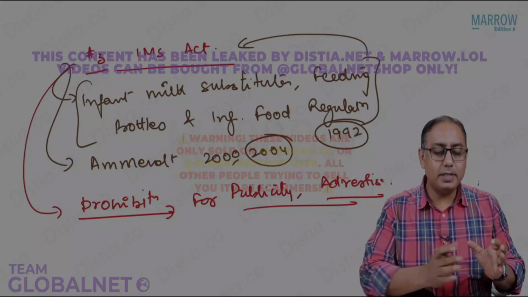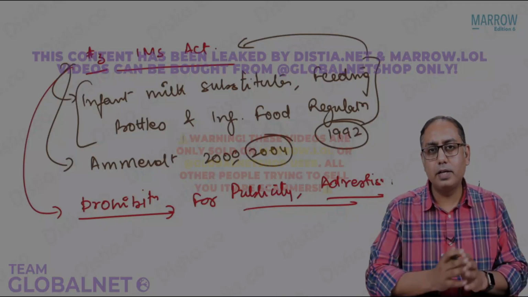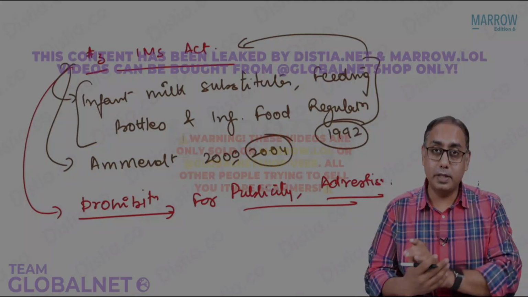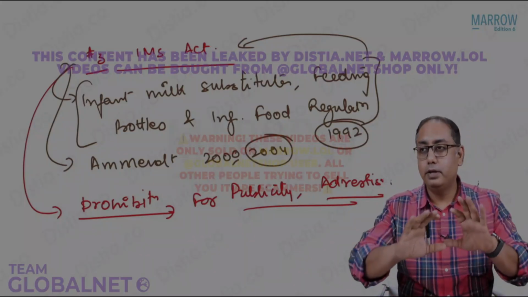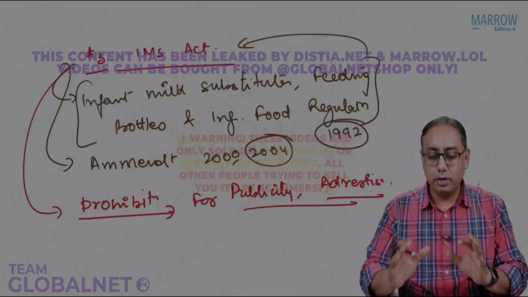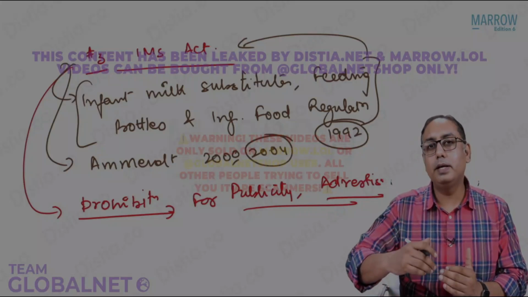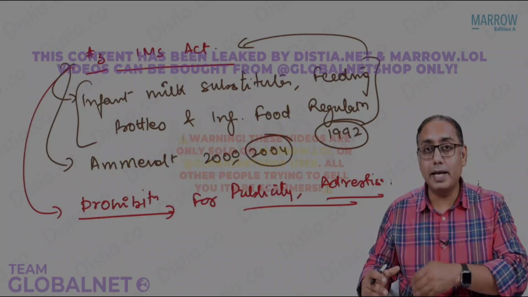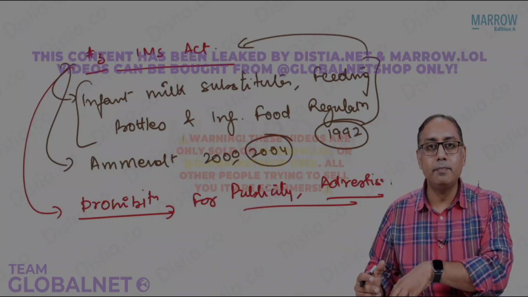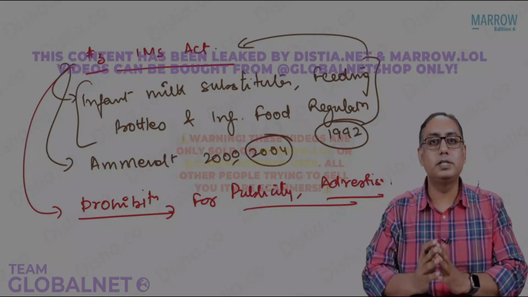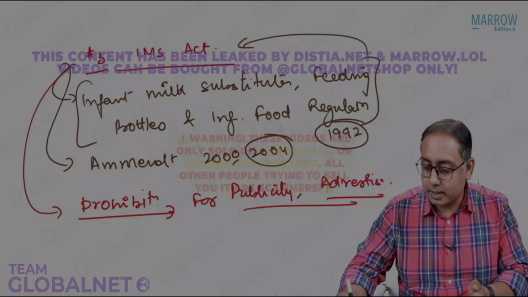Earlier you might be seeing a lot of ads about Cerelac or Nestle, right? A lot of infant milk substitutes advertisements were there on TV, on radio, and even a lot of posters. Now under this IMS Act, it has all been prohibited. It's not about the sale being prohibited. The sale is still there because people who need it can buy it. But the promotion and the activities are banned under this IMS Act.